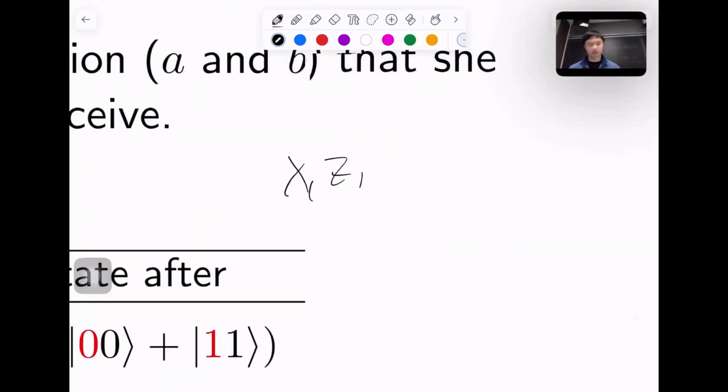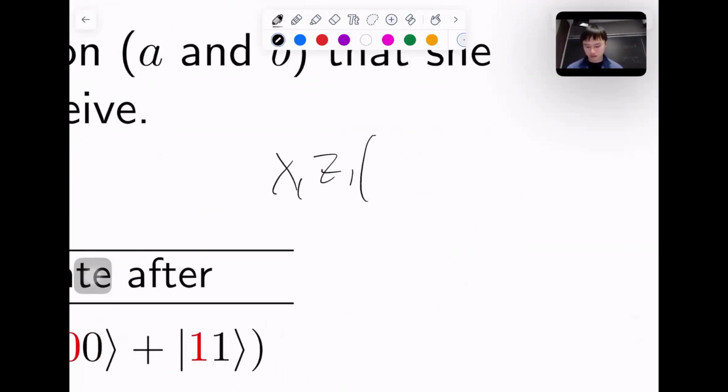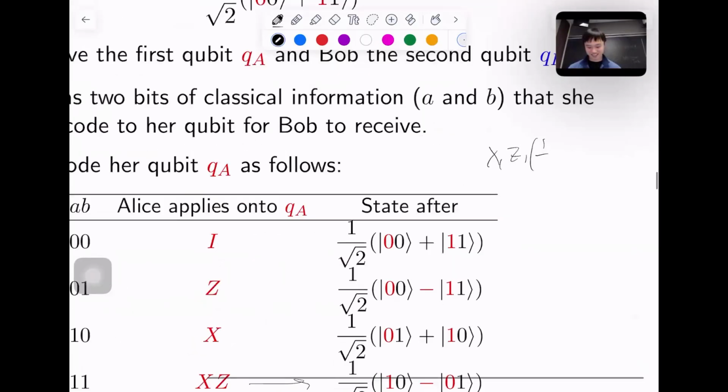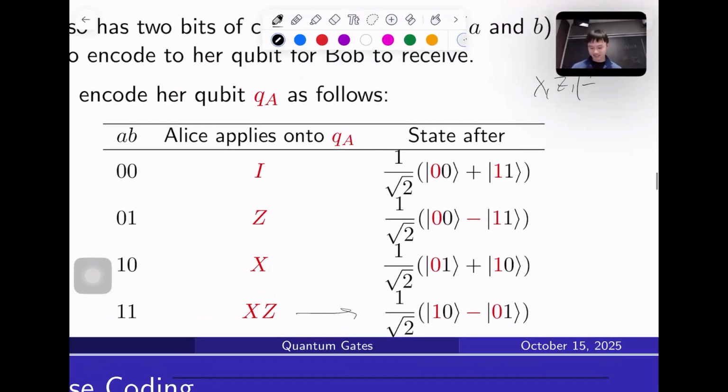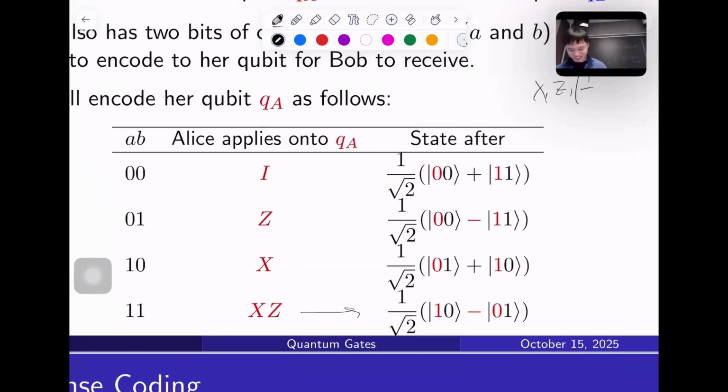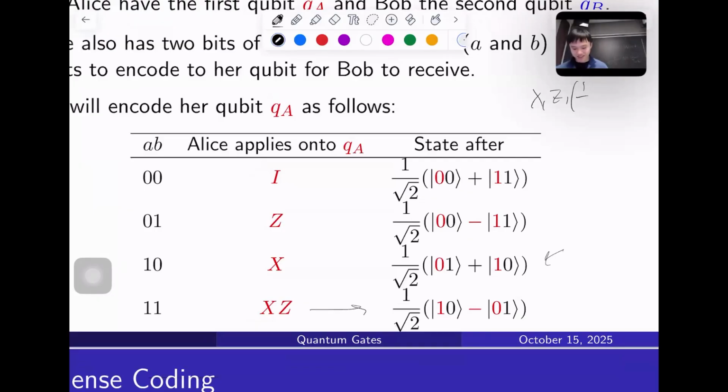Wait, the one with the X, those would be switched. The red one should be swapped instead of the black. It doesn't matter because it's symmetric.